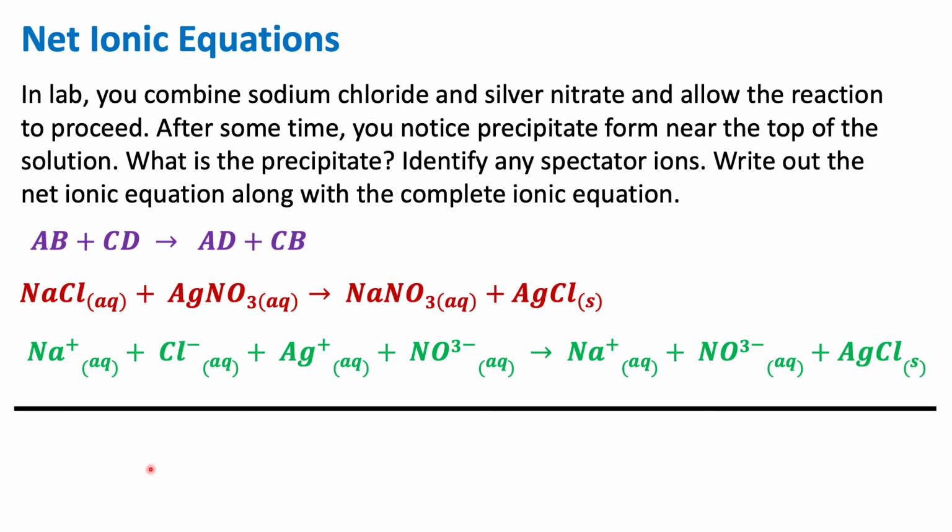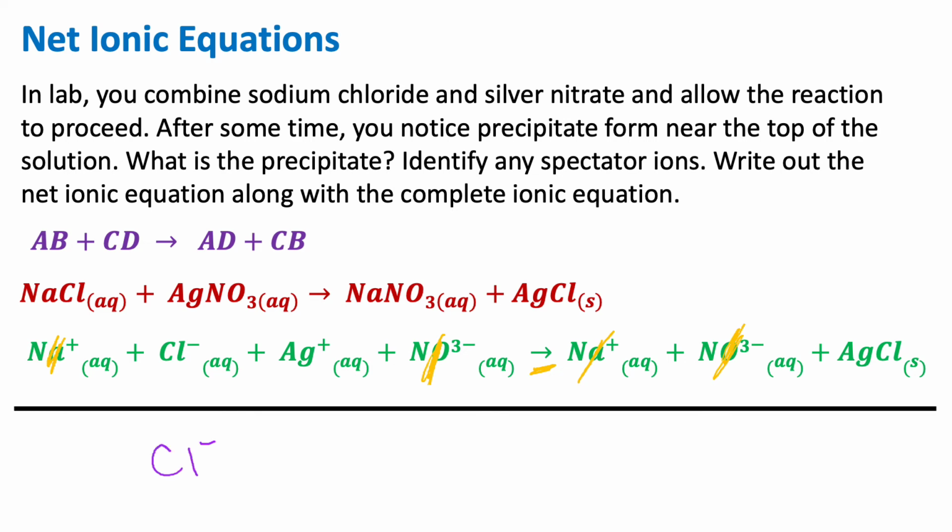Now the next step is that we are going to cancel out things that are similar on opposite sides of the arrow. So if this is our arrow, we can see that we have sodium on each side, so we cancel out our sodiums. Next, we have nitrate on each side, so we cancel out our nitrates. What are we left with?